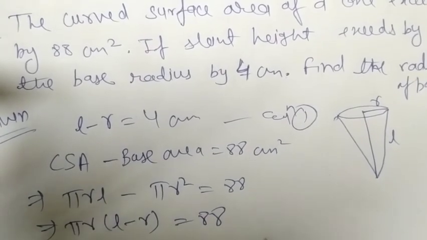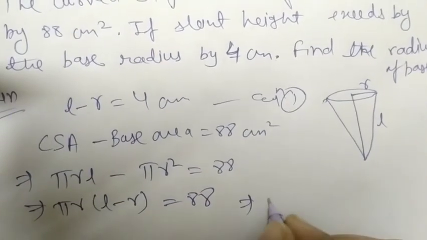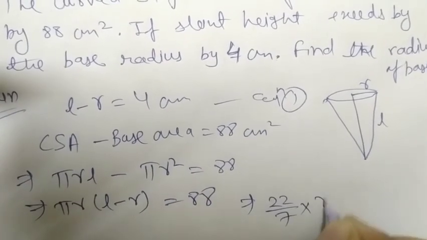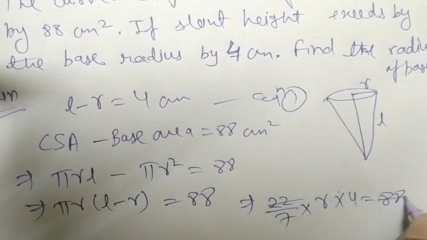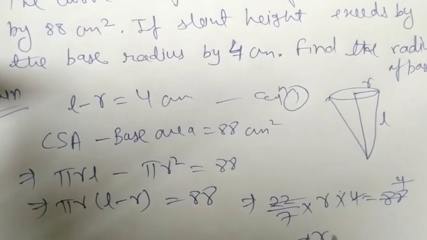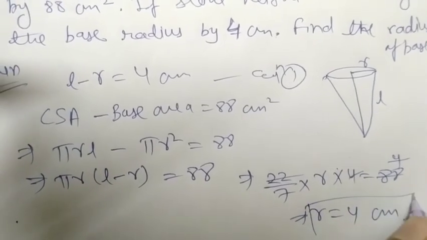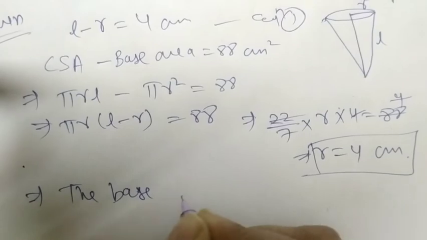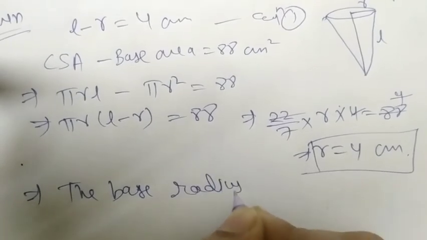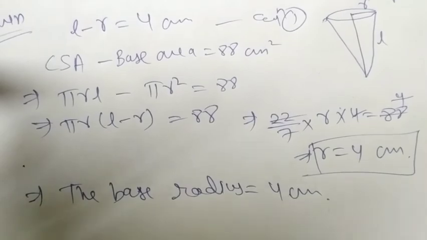Putting the value of pi and L minus r using equation 1, we will get 22/7 into r into 4 will be equal to 88. 4 times 4 cancel. r will be equal to 4 centimeter. The base radius will be equal to 4 centimeter. This is the required result.